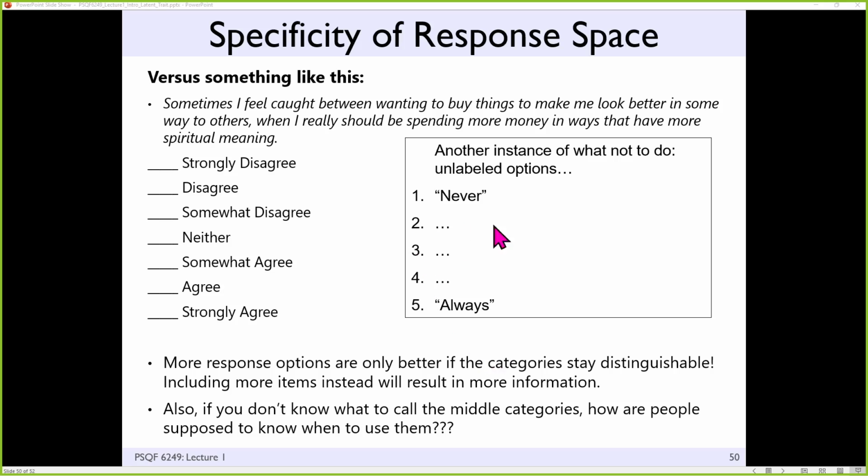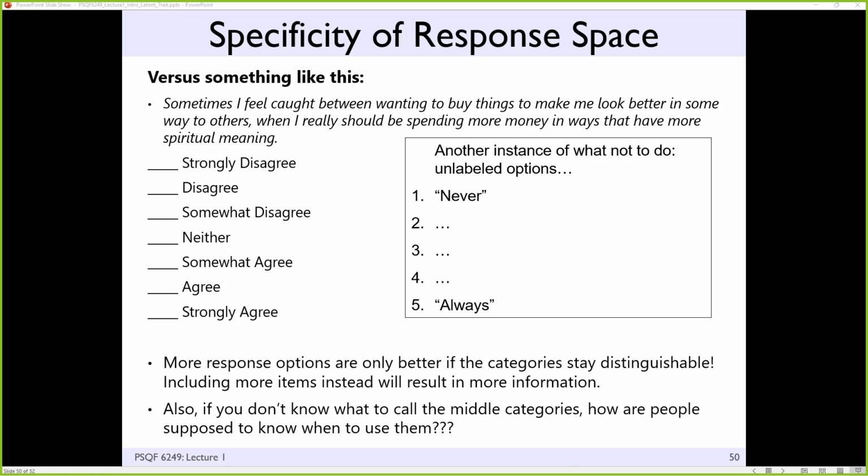But I think if you're going to have discrete choices, you should be able to come up with the words. And if you can't come up with words that are sufficiently distinct, then that will probably show in your data. The difference between sometimes and often, how much is that? Exactly. Or there's other words, is strongly lower than extremely?